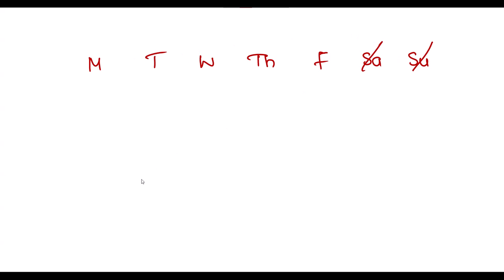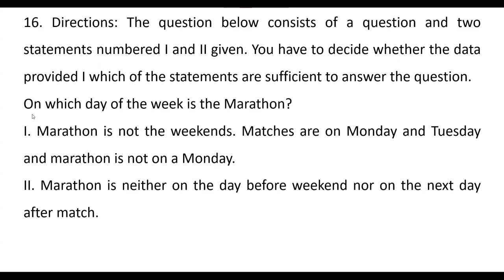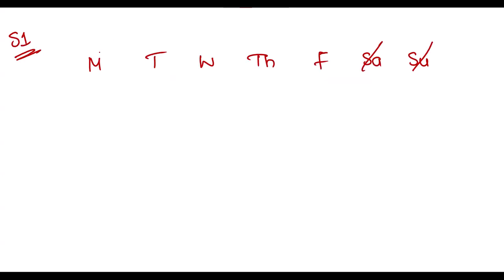That's using statement one alone. Statement one alone: matches are on Monday and Tuesday, and the marathon is not on Monday. But still there are chances of Wednesday, Thursday, Friday, even all. So statement one alone is not possible.